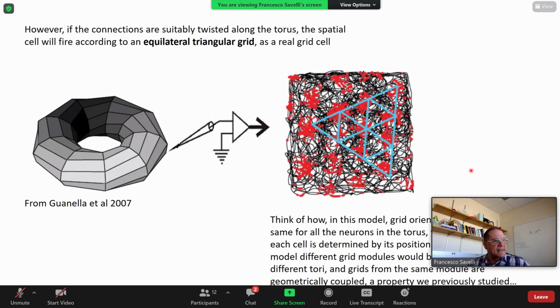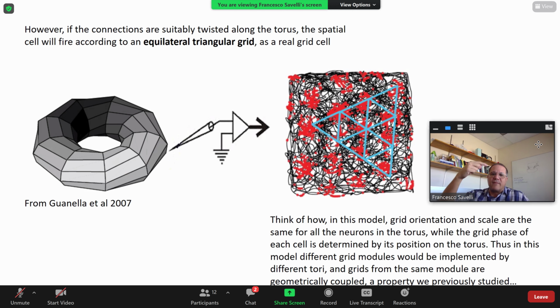It raises the possibility that your representation of position is kept track of through path integration, through speed and direction, over something that is organized as a donut. And because of that, you don't have the problem of falling off the world, but then you have a repeating field, and that's why grid cells are grid cells.